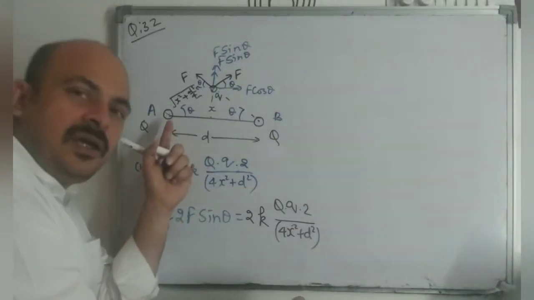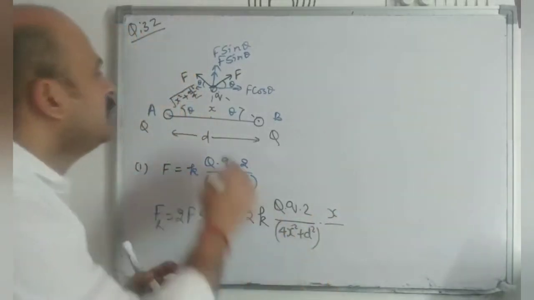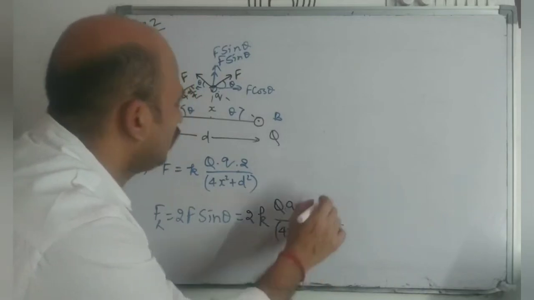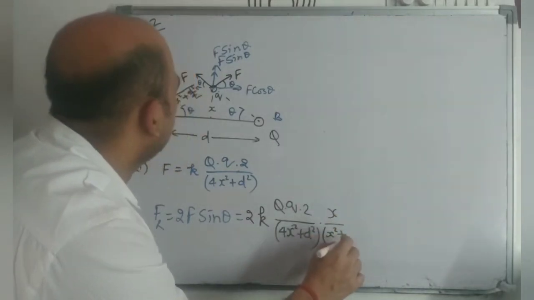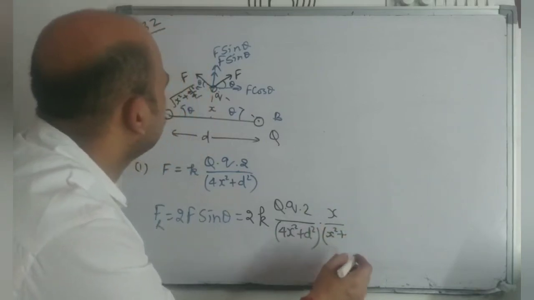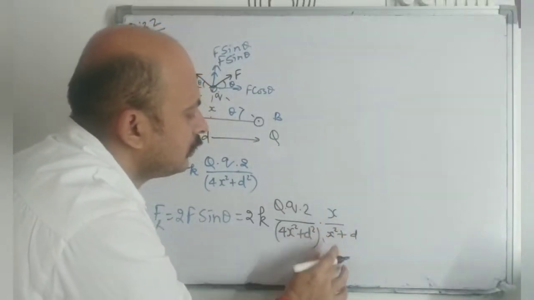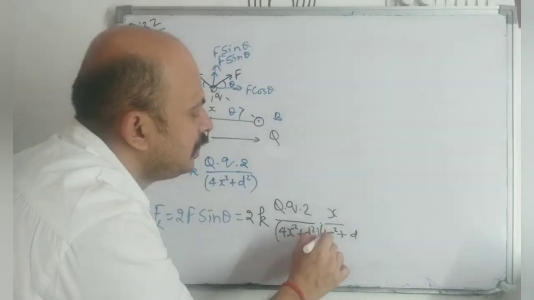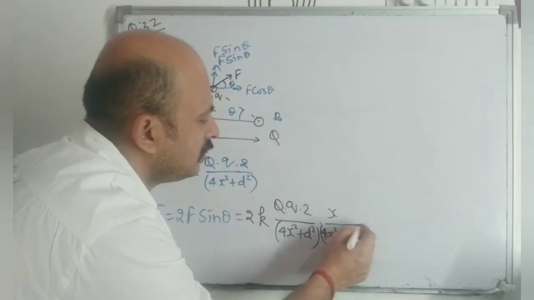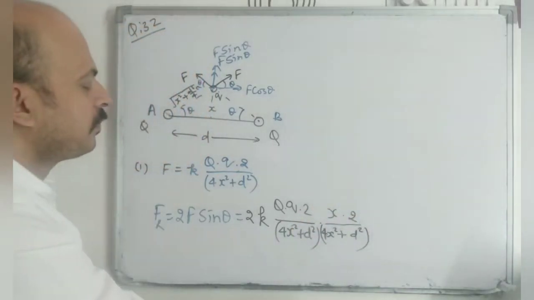And what is sin theta? That is perpendicular upon hypotenuse. So it is x upon that distance, which is x square plus d square, that will be 4x square plus d square divided by 2. So 2 will come in the numerator here in this way.